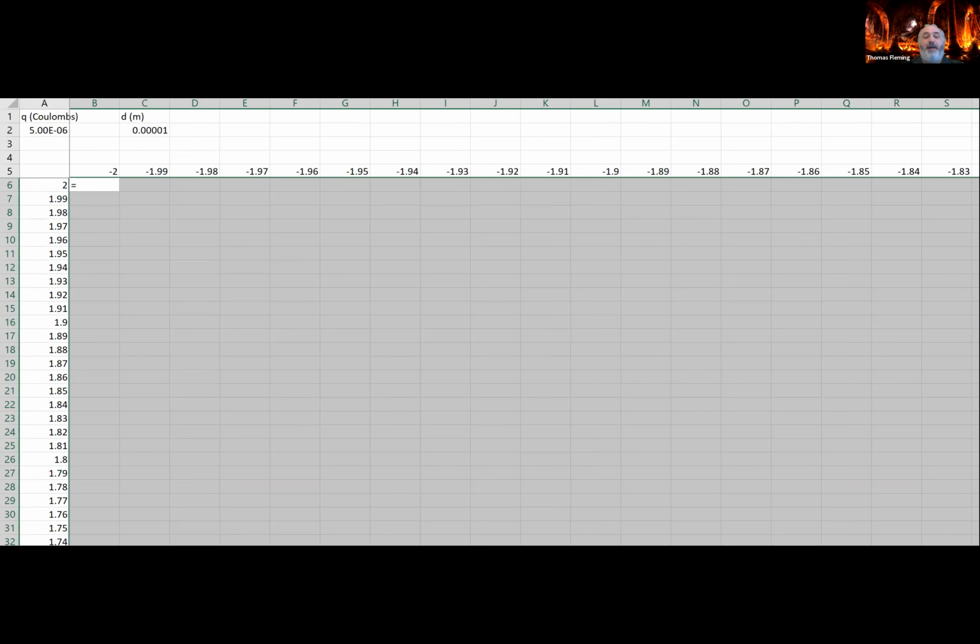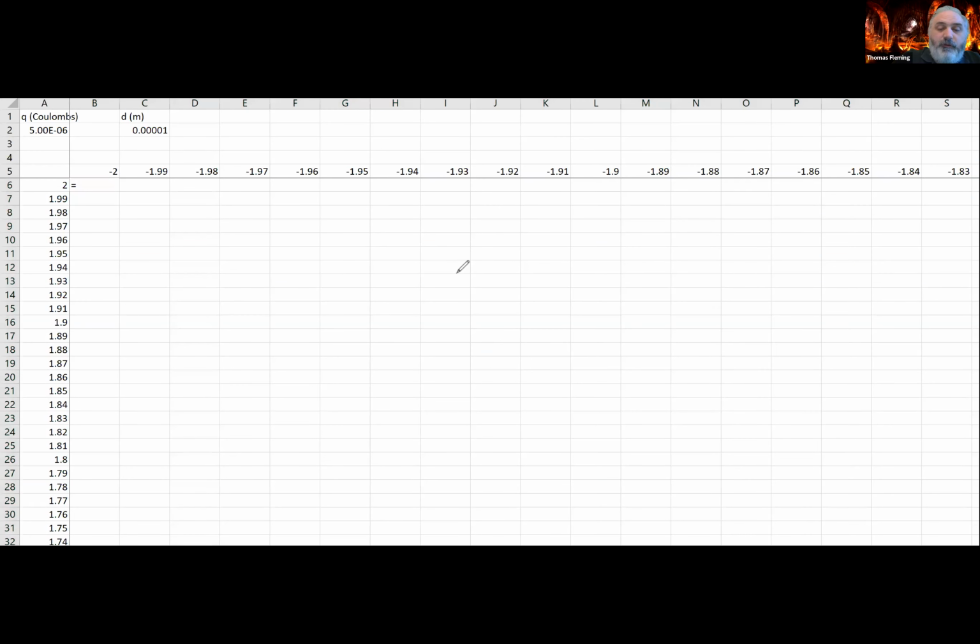And then I'm going to do the same thing, except now, rather than put in the formula for the electric field, I'm going to do that formula instead, right? Same deal, but I'm going to set that formula in each of those places.